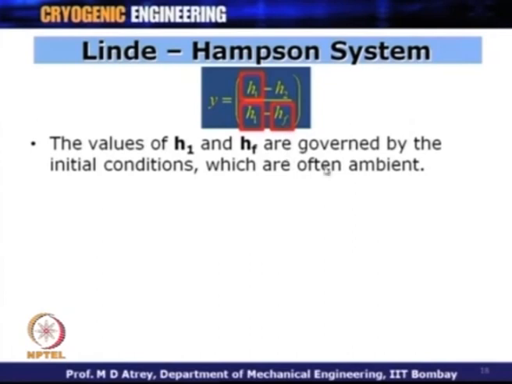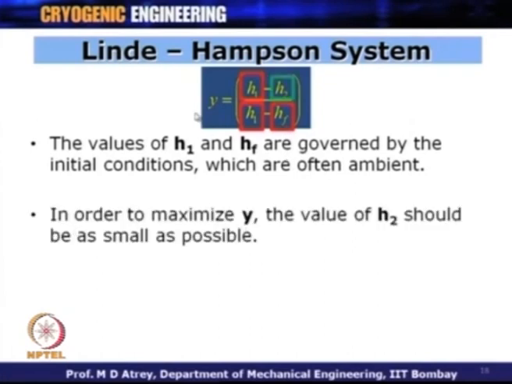Now, in order to maximize Y, the value of H2 should be as small as possible, or H1 minus H2 should be as high as possible. So, if you want to get maximum yield, mf dot upon m dot, the numerator should be as high as possible, while the denominator is fixed, because H1 minus Hf is immediately fixed once your initial conditions are fixed.